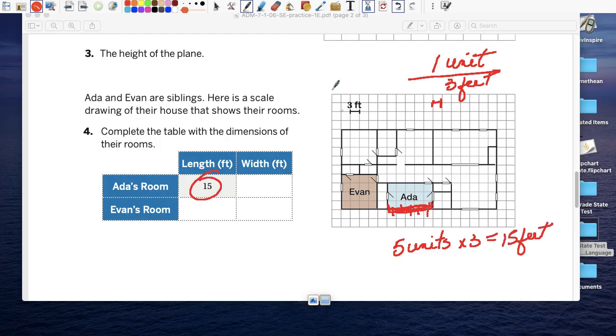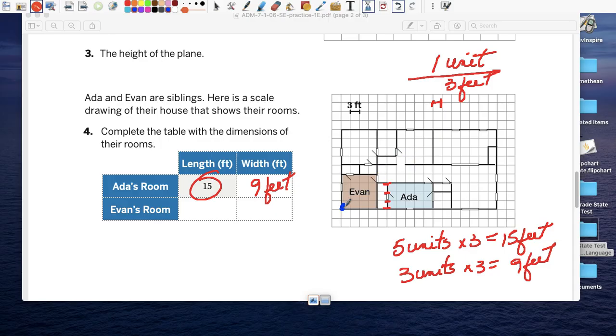What about the width? Well, starting from here, 1, 2, 3 units. So 3 units high times 3 would be 9 feet. So going up would be 9 feet. Evan's room, it's a square, so if you just measure this, we'll get all the sides.